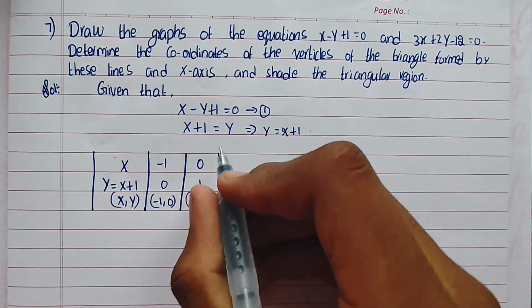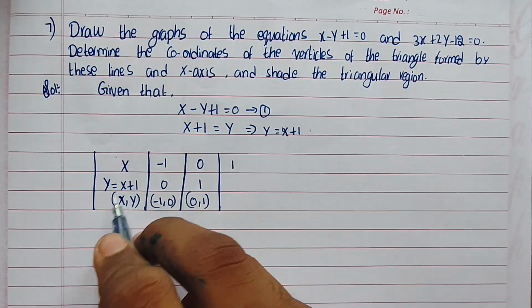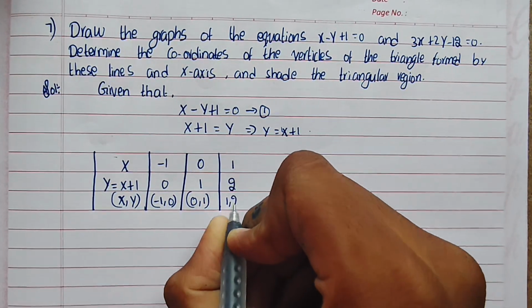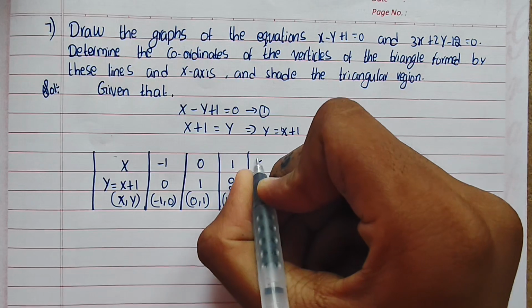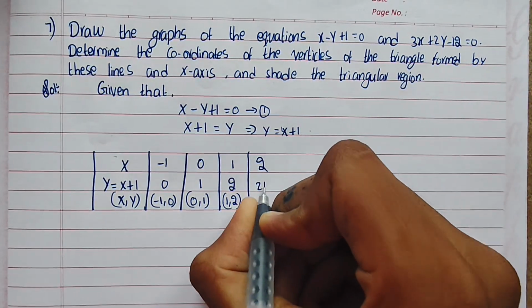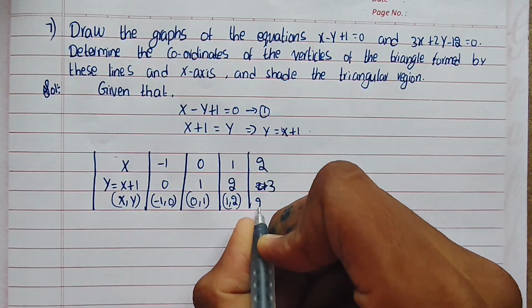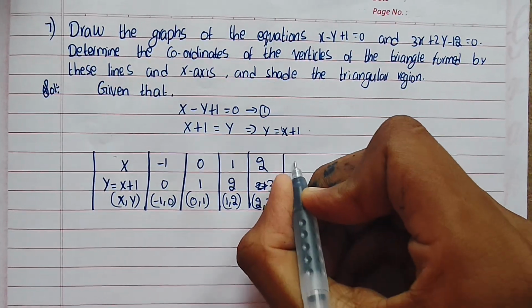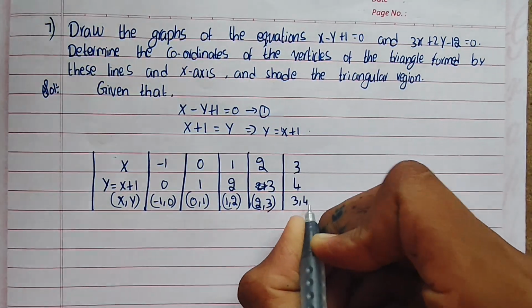After, I am keeping 1 in place of x. 1 means 1 plus 1, 2. So 1 comma 2. After, I am keeping 2 in place of x. 2 plus 1, 3. So 2 comma 3. After, in place of x, I am keeping 3. 3 plus 1, 4. So 3 comma 4.